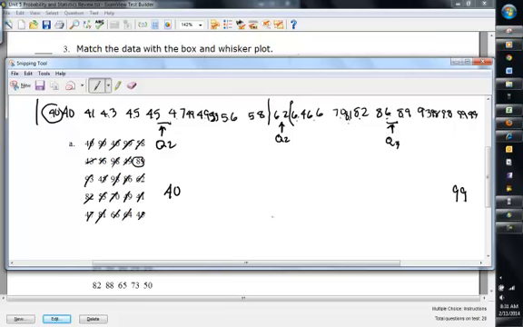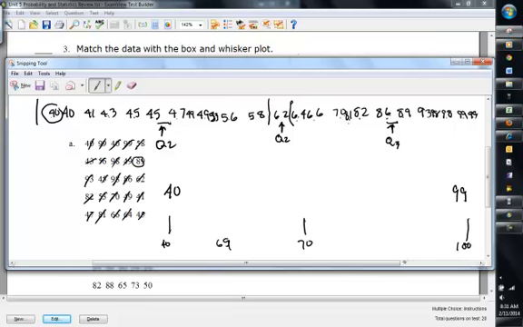So the middle of our box is 62. If this is 40, this is 100. 40 to 100 is 60, so this will be 70. 70, and halfway between these two would be 65.